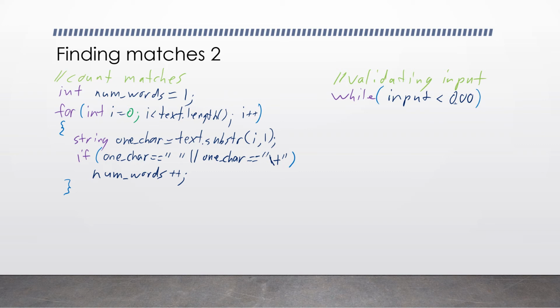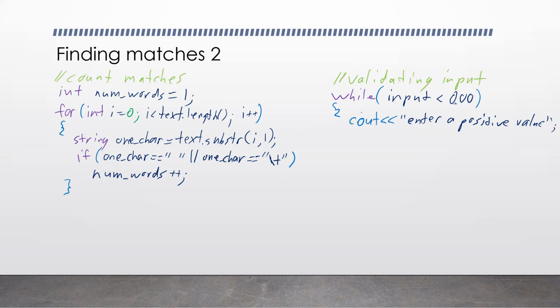So while input less than 0.0, we'll prompt, we'll cout enter a positive value.